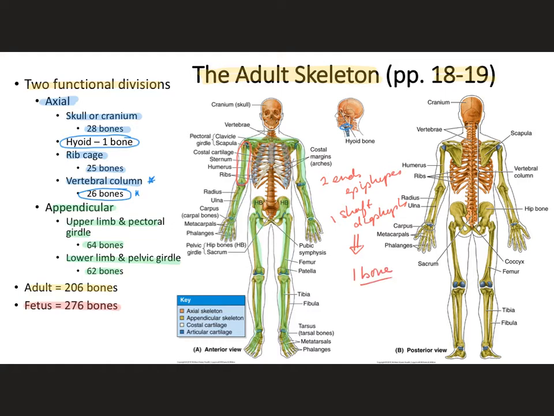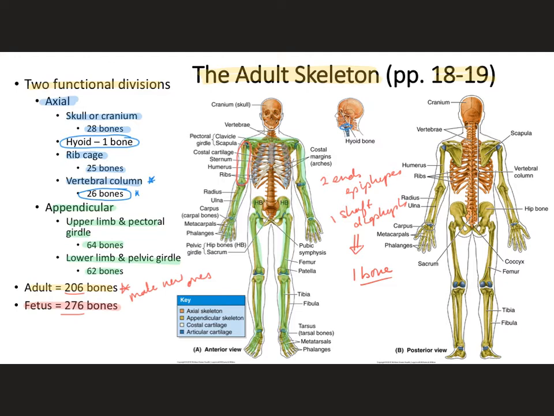So we do decrease the number of bones by fusing them. But we're also going to learn that along the way we're going to make a few new ones. So it's not just taking away, we're going to add together. And that's how we lose technically 70 bones between the fetal and the adult skeletons.